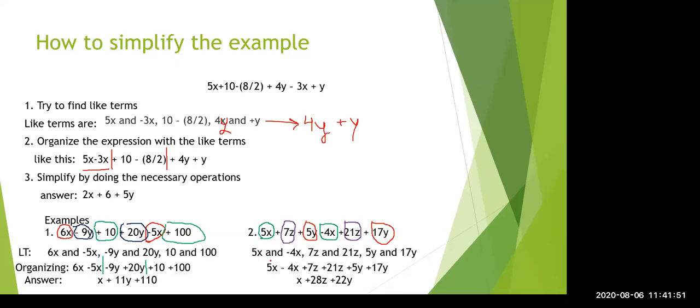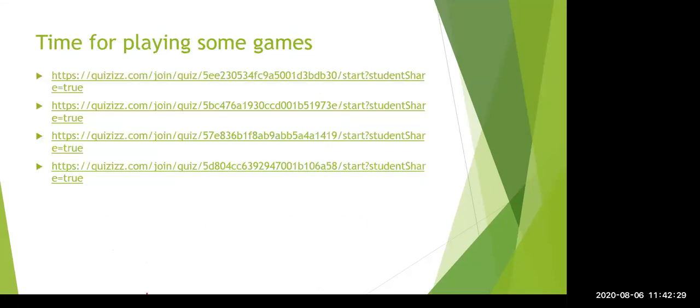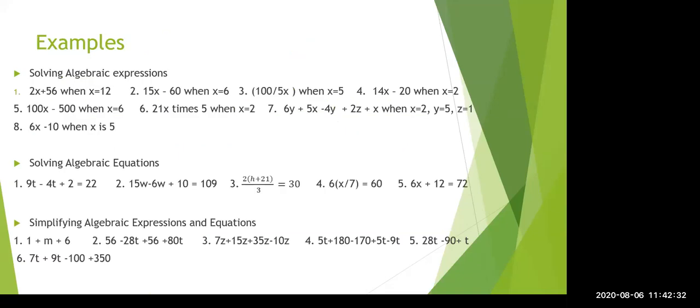Now you organize it in an expression, as done here: 5x minus 4x plus 7z plus 21z plus 5y plus 17y. Now just break it apart: 5x minus 4x equals x, 7z plus 21z equals 28z, and 5y plus 17y equals 22y. So that is the simplified version. Does anyone have any questions about that?